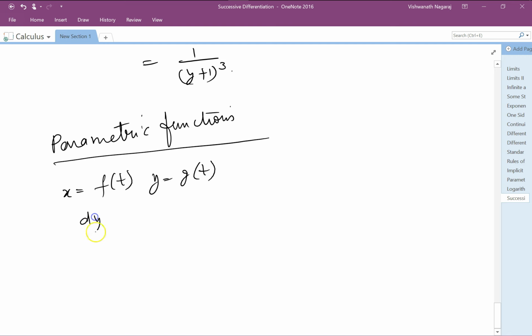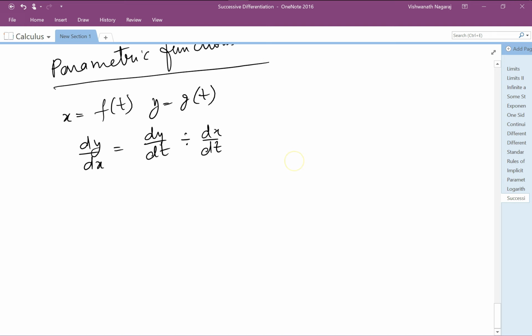So dy by dx would be dy by dt divided by dx by dt, so that we end up with dy by dx after cancellations. Okay, let's look at examples now.